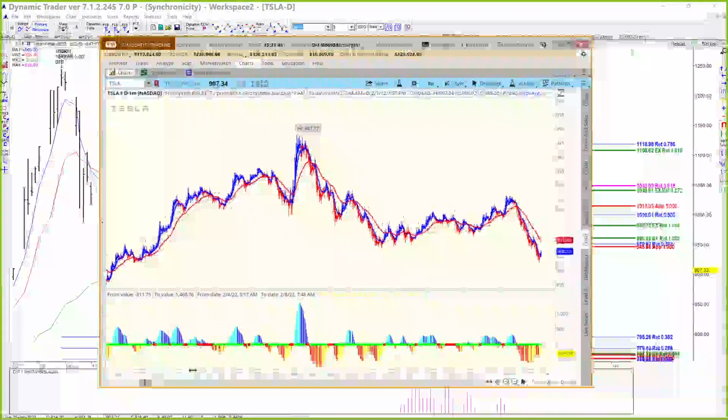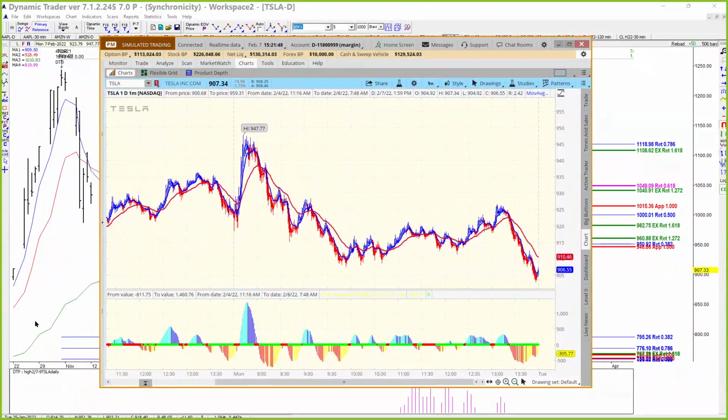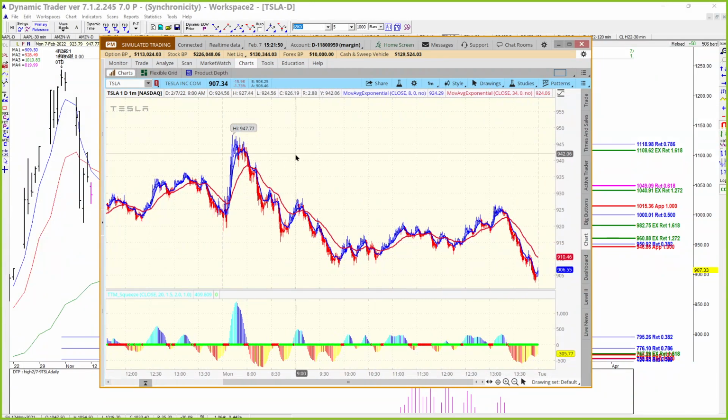here's the 1-minute chart. Now you would have had a faster entry if you use the 513, for example, and again, it's going to depend on how aggressive you want to be. But otherwise, here is a prior swing low that we took out. And then here's the moving average crossover. Okay, so you did see a short signal in Tesla.